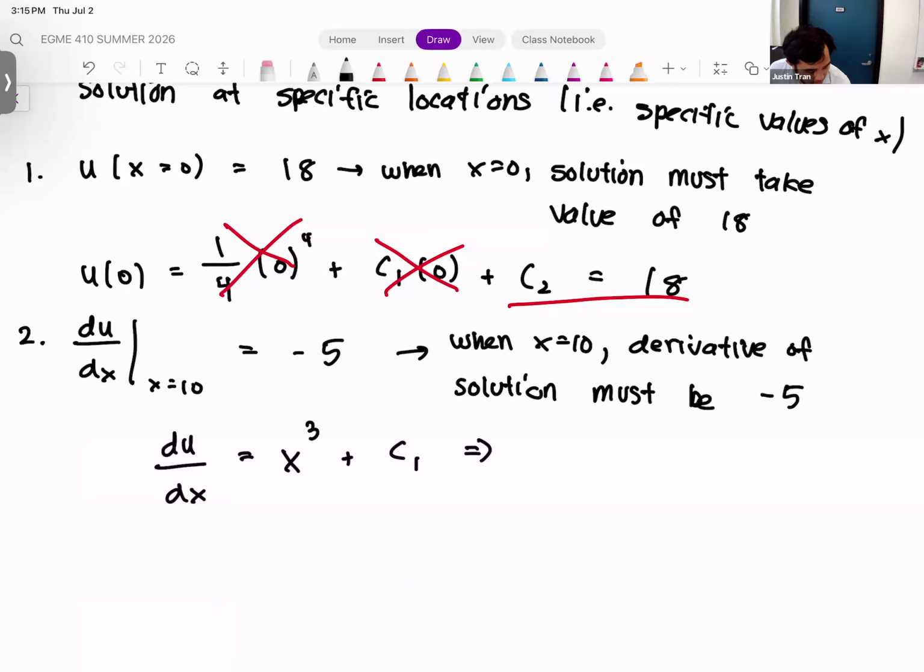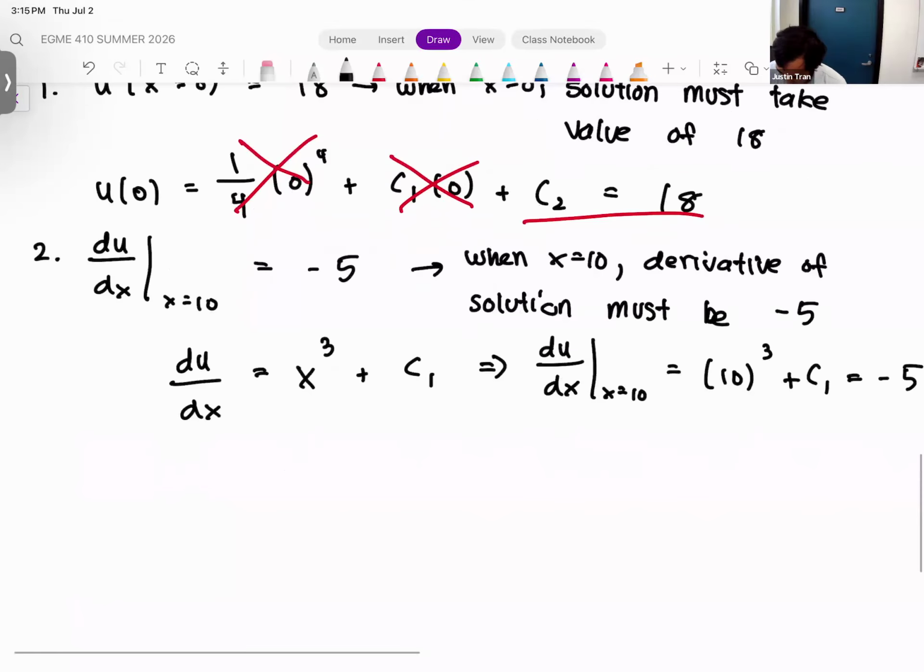Let's evaluate this expression at x is equal to 10. So du dx at x is equal to 10 is equal to 10 cubed plus c1. And according to our boundary condition, this must equal -5.